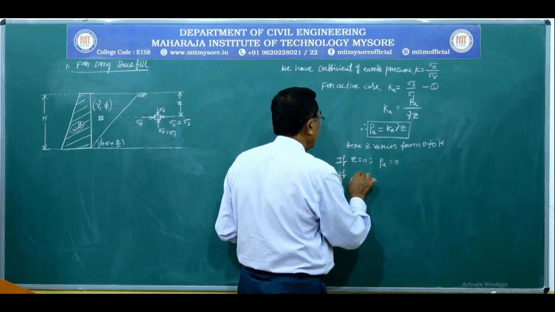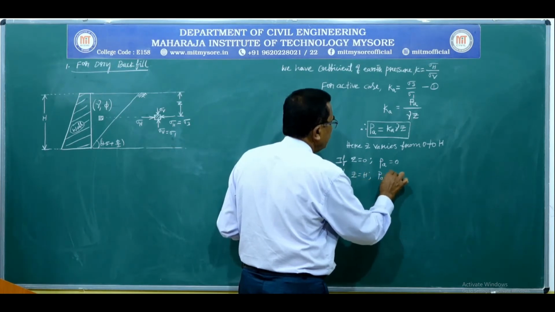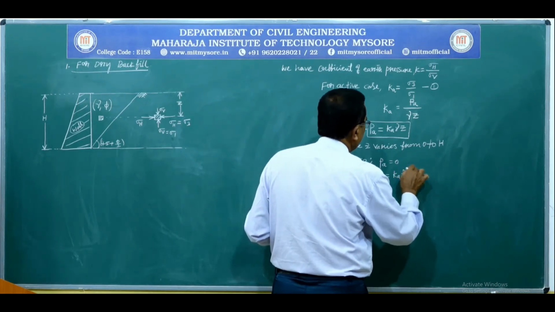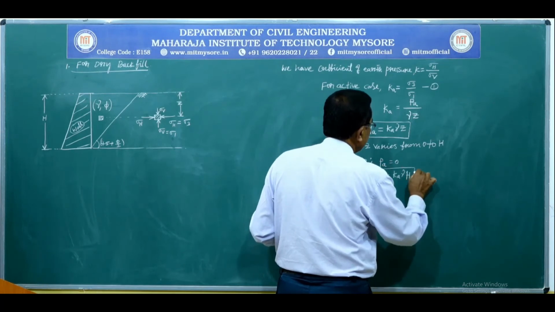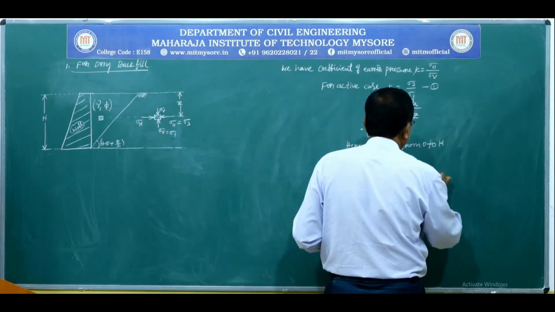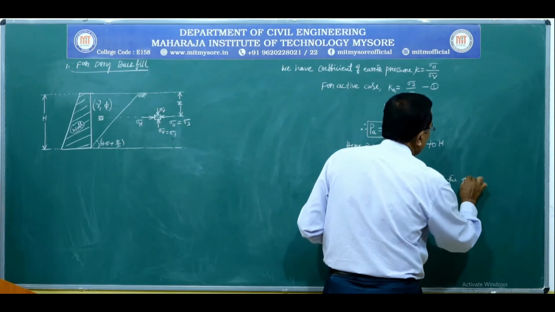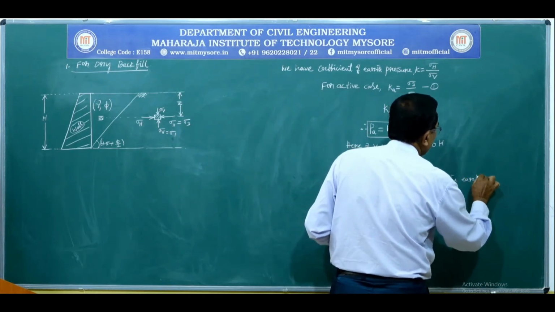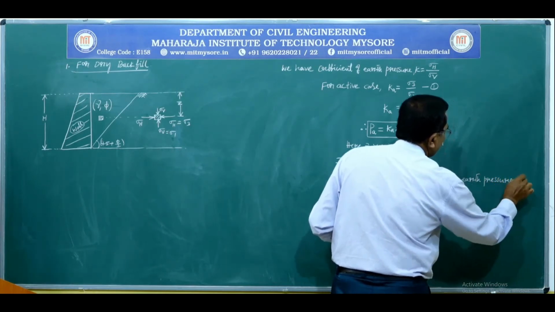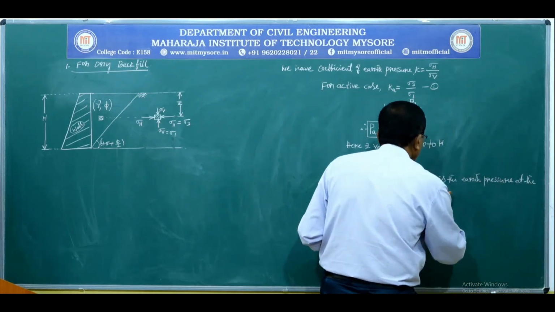If Z is equal to H, then PA is equal to Ka into gamma into H. This is the earth pressure at the base of the wall.